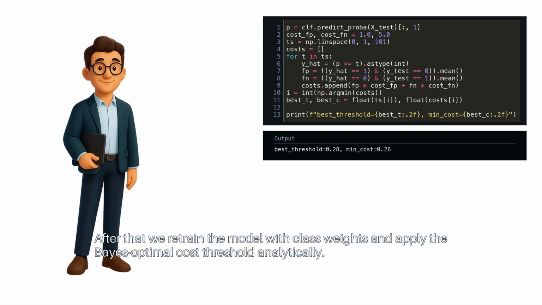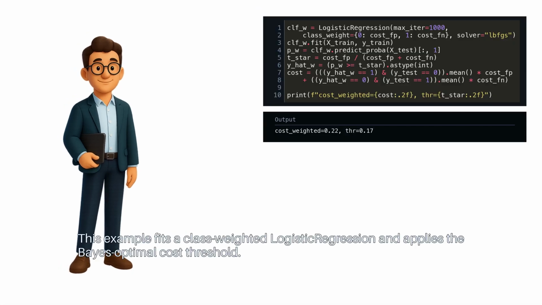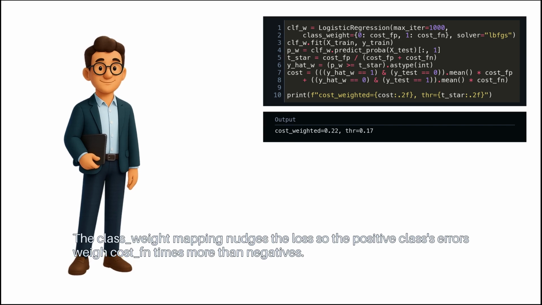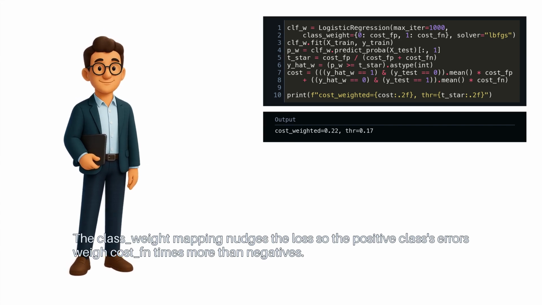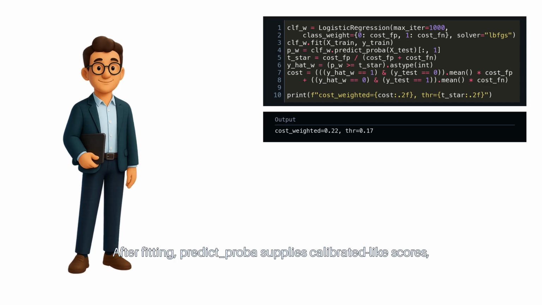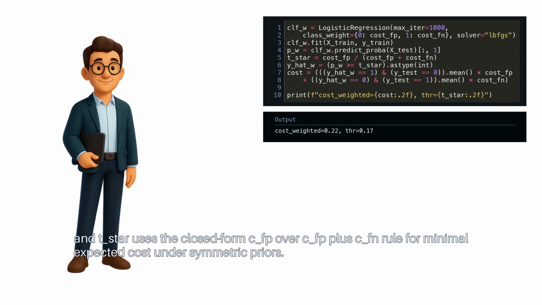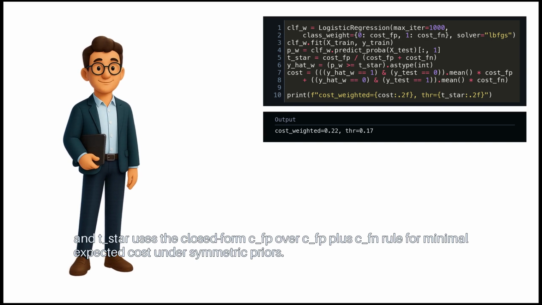After that, we retrain the model with class weights and apply the Bayes optimal cost threshold analytically. This example fits a class-weighted logistic regression and applies the Bayes optimal cost threshold. The class_weight mapping nudges the loss so the positive class's errors weigh cost_FN times more than negatives. After fitting, predict_proba supplies calibrated-like scores, and T star uses the closed-form cost_FP over cost_FP plus cost_FN rule for minimal expected cost under symmetric priors.